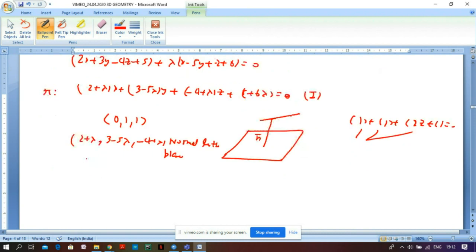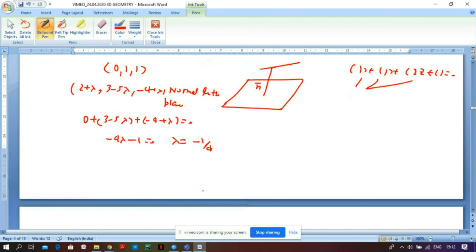By that we get 0 times the first, plus 3 minus 5 lambda, plus minus 4 plus lambda, equal to 0. If you do this calculation, we quickly get negative 4 lambda minus 1 equals 0. So lambda becomes negative 1 over 4.